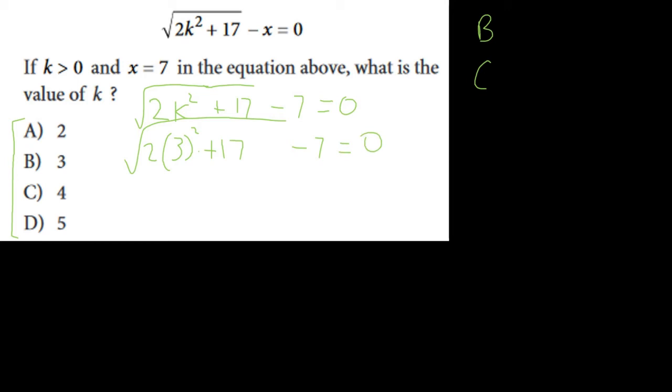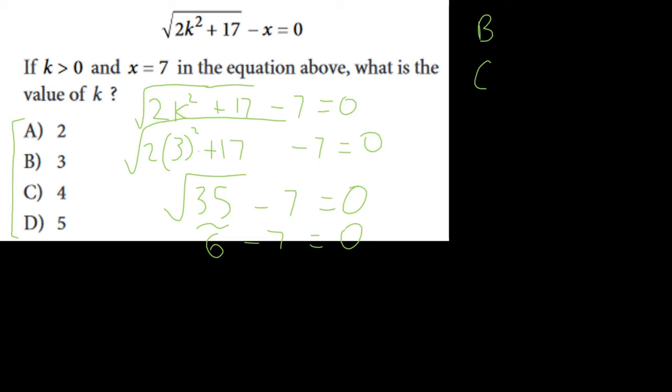So it'll be 9 times 2 is 18. 18 plus 17 is going to be 35 minus 7 equals 0. So the square root of 35, that's around 6-ish. And minus 7 equals 0. So we know that that's not the answer.